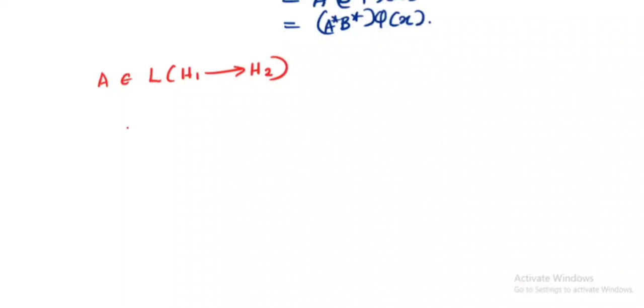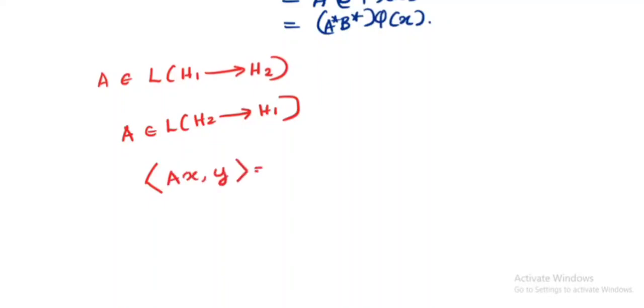We will discuss the adjoint operator later. A star belongs to L(H2, H1), defined by the relation inner product of Ax, y is equal to x, A star y, for x belongs to H1 and y belongs to H2.